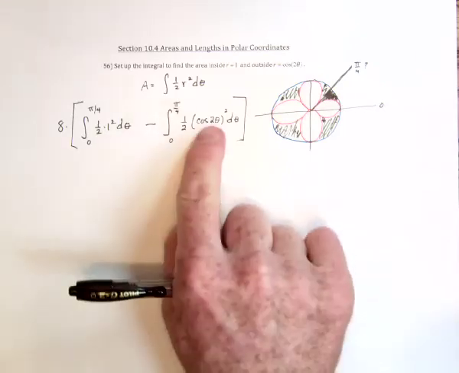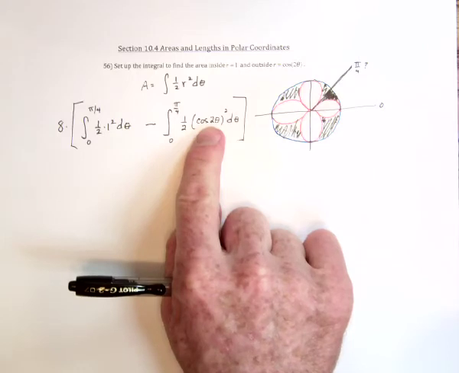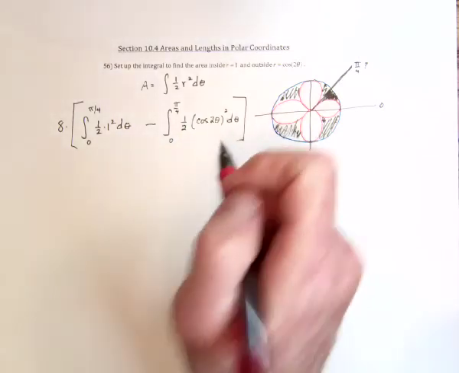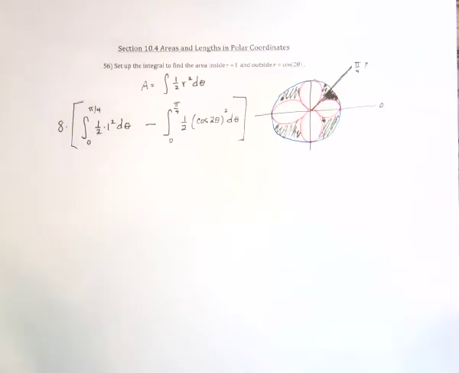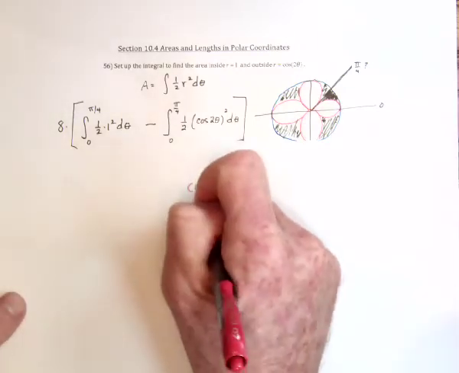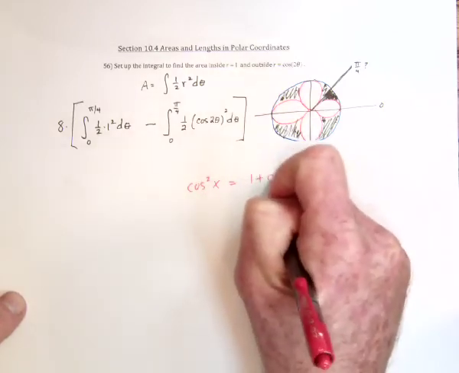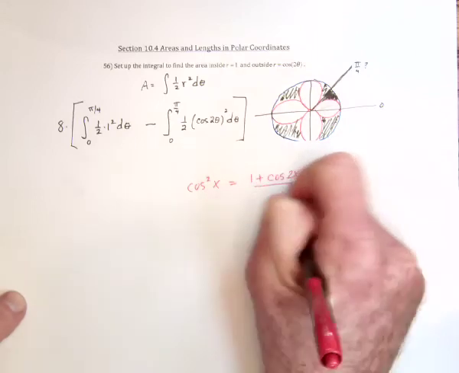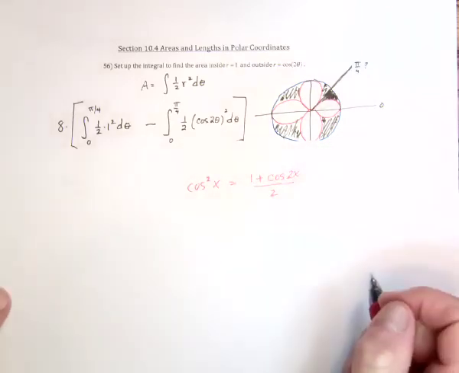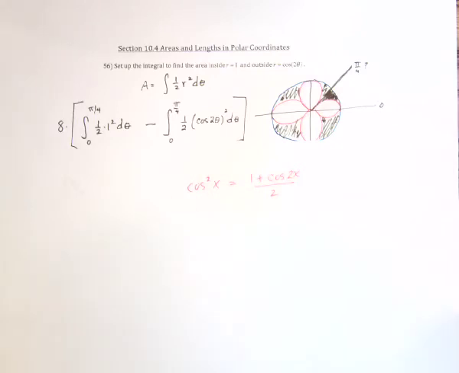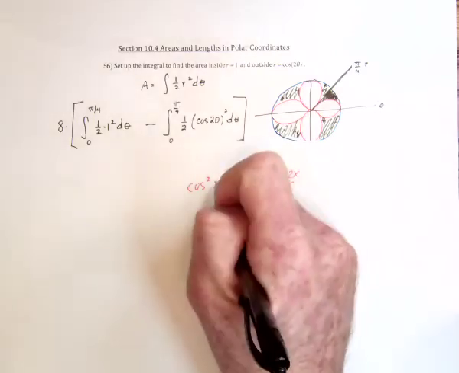Well, I noticed that we're going to have to integrate cosine squared, and for that we use a formula. We replace cosine squared. In general, the formula goes cosine squared of x is equal to 1 plus cosine of 2x divided by 2. Except instead of an x, we now have a 2 theta.